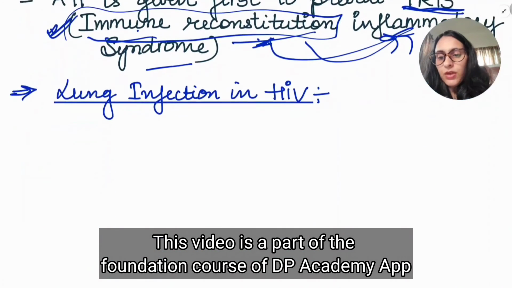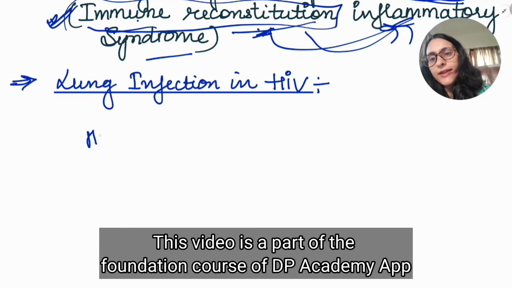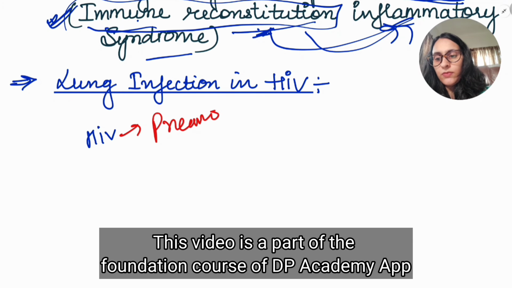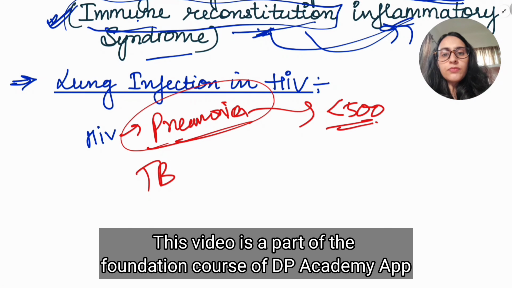Now coming to lung infection in the HIV, we know that in the HIV patient, we can have a pneumonia, or there can be tuberculosis. Pneumonia can be because of Streptococcus pneumoniae. If the CD4 count is less than 500, this occurs.